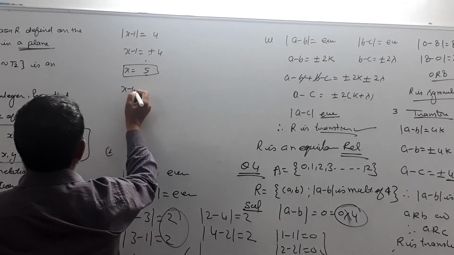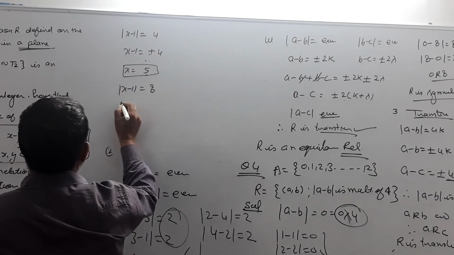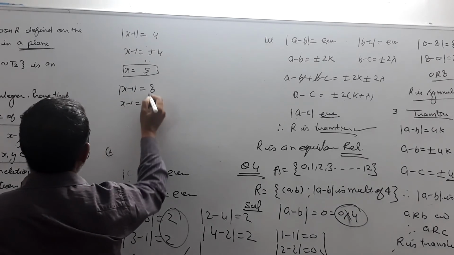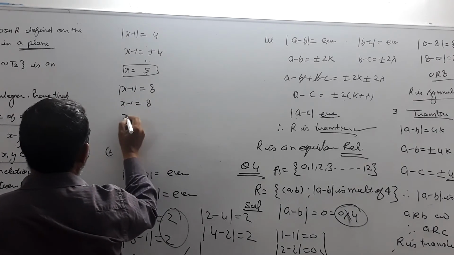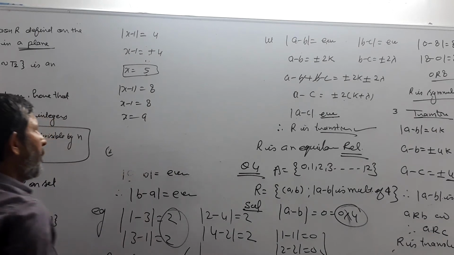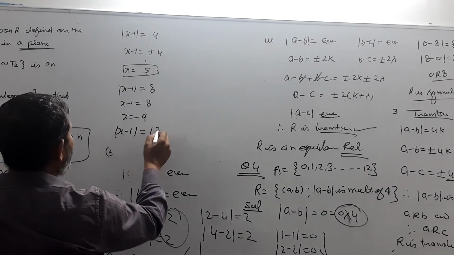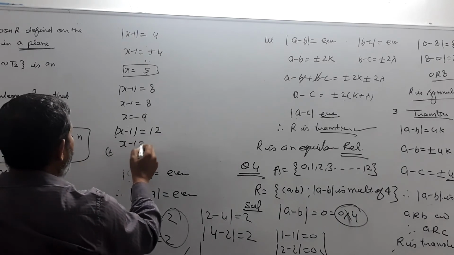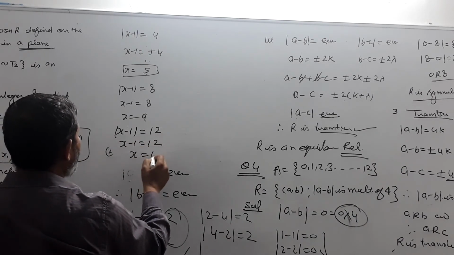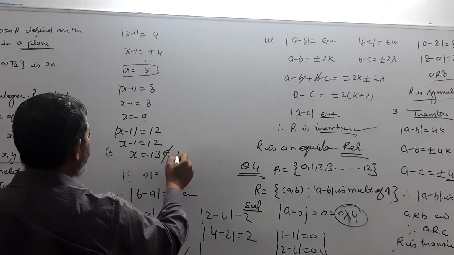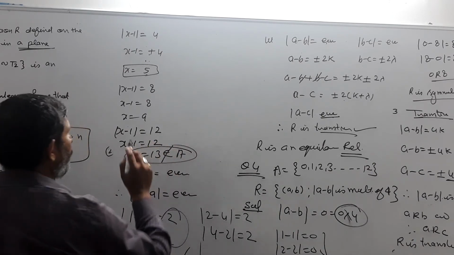Then X minus 1 equals 8, X equals 9. And third part, mod X minus 1 equals 12, then X minus 1 equals 12, X equals 13, which does not belong to A. This one is not possible.